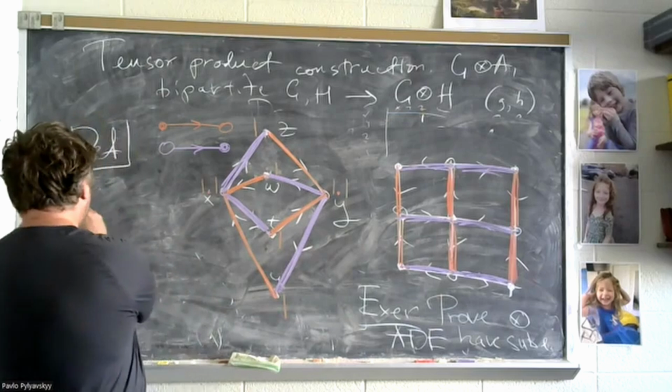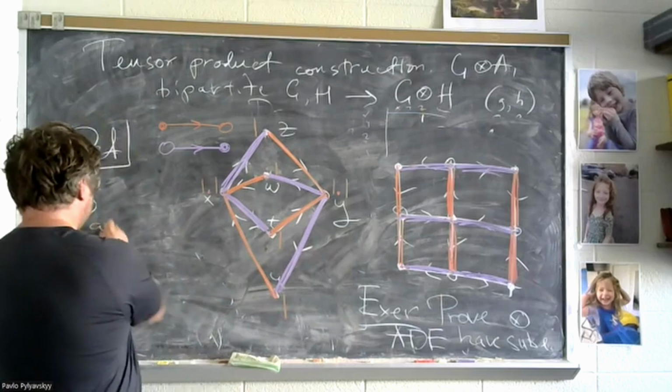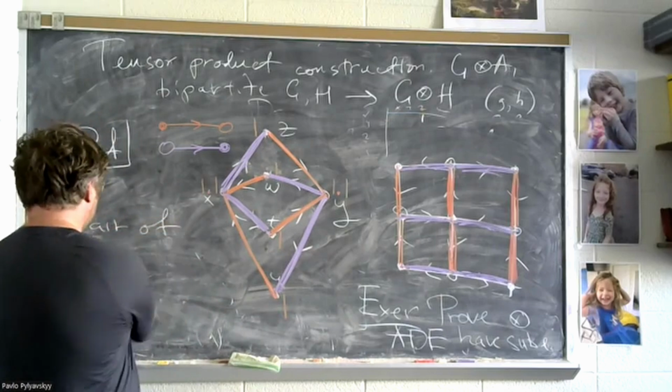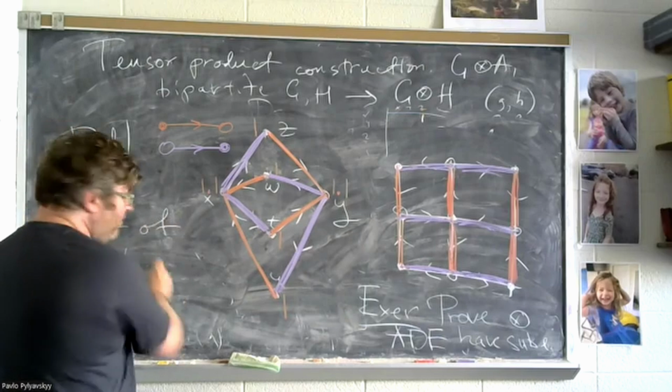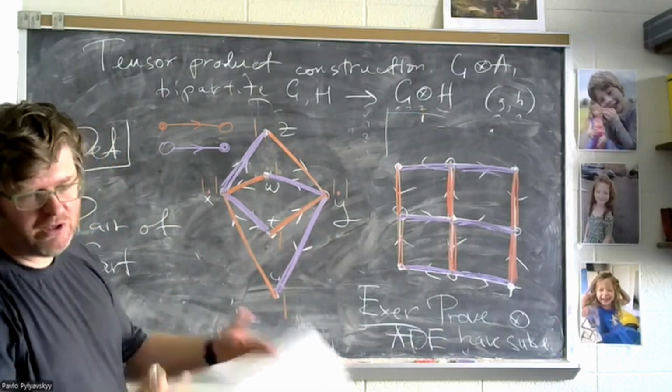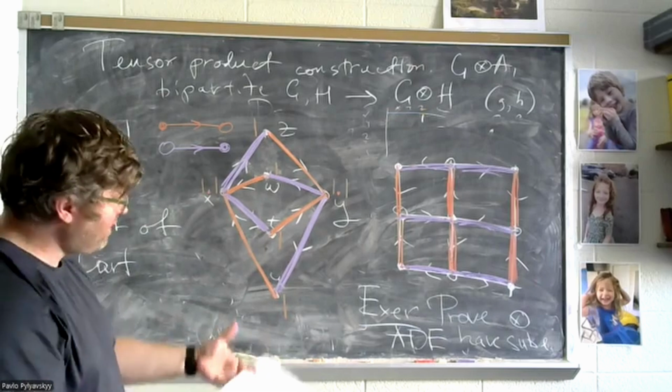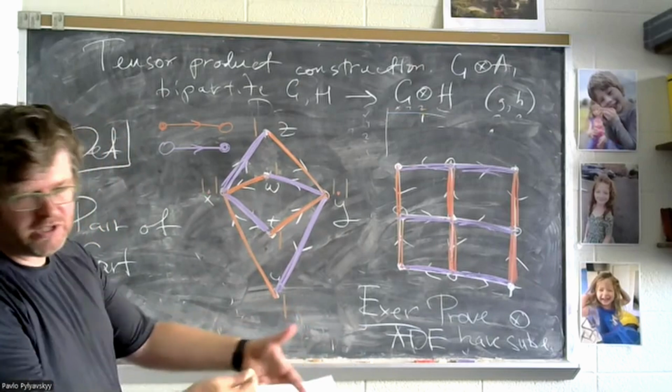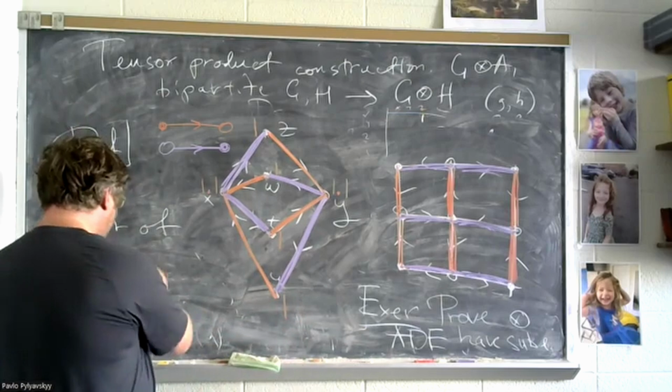So we are looking at a pair of Cartan matrices. And those are very special matrices. People study them in Lie algebras, etc. They basically encode for you your Lie algebra or whatever. A pair of Cartan matrices.